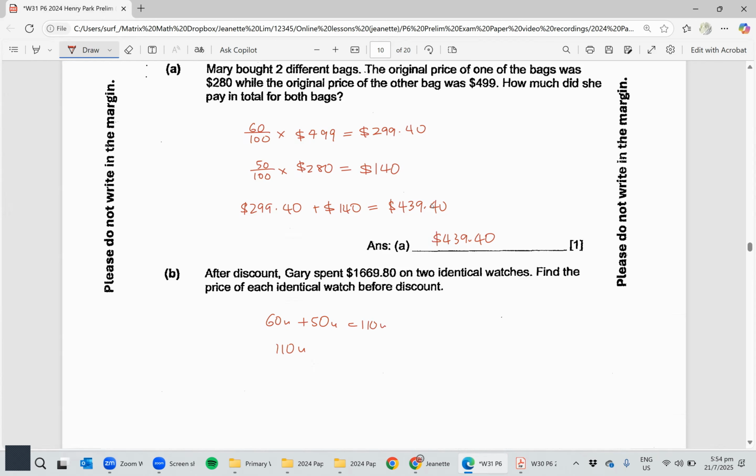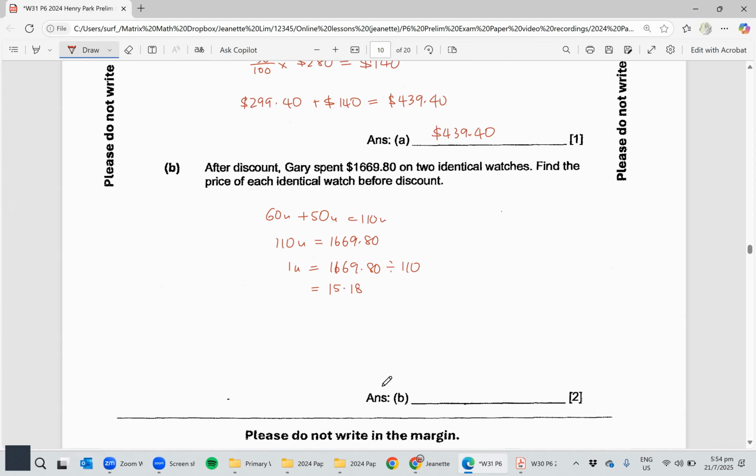So 110 units is $1,669.80. Then we find 1 unit. So 1,669.80 divided by 110, which is 15.18. Each watch before discount is 100% or 100 units.